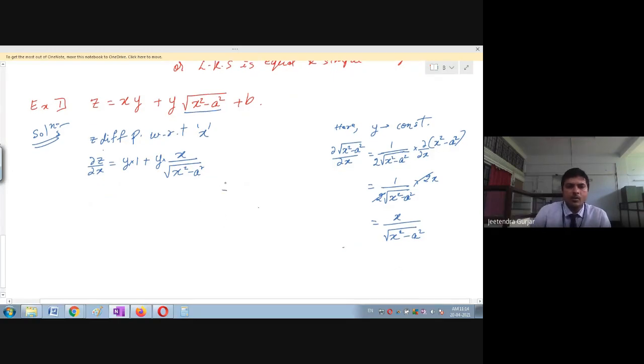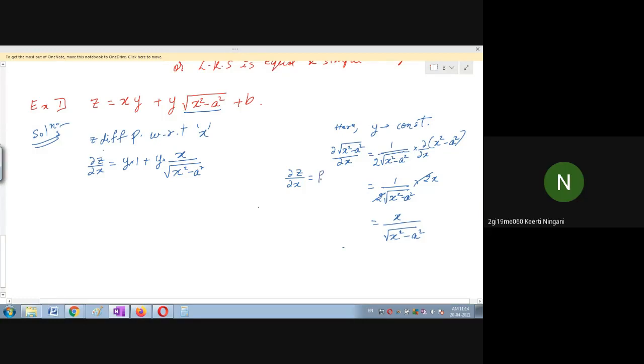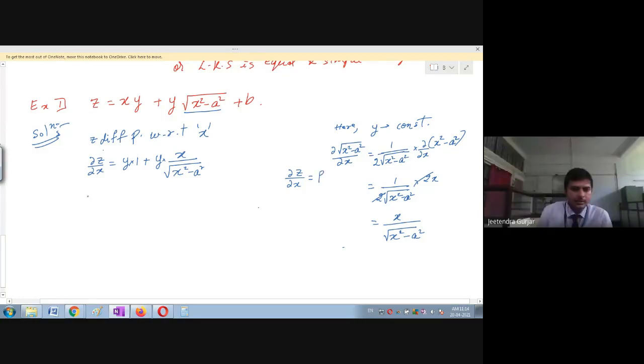Okay, this is done. Again, what I have here is, I know the formula, that is dou z upon dou x. Can anybody tell me what dou z upon dou x is? Yes, excellent. It is p. So I'll substitute this p minus y. Here you can see y is there.